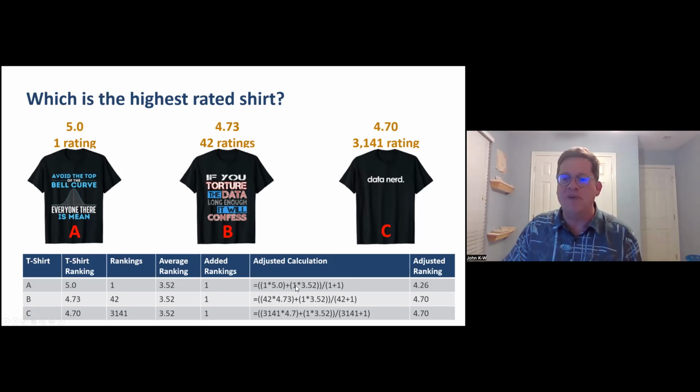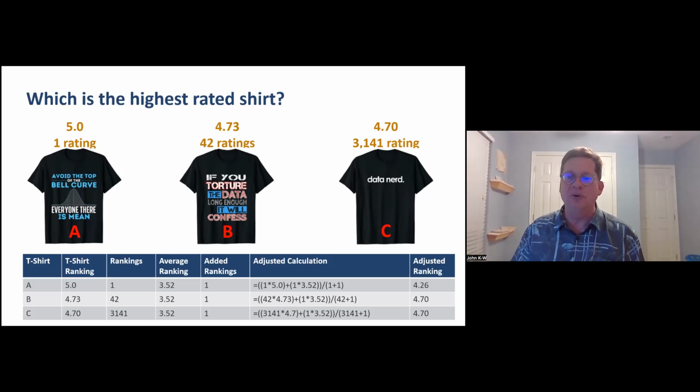So 1 times 5.0 plus 1 times 3.52, over the quantity ranked and the quantity of proxies, comes out to 4.26. Similarly, you're going to take the real ranking times 42 votes plus proxy ranking times the mean, and then divide that by 43, the real rankings plus the proxy vote, which comes out to 4.7. So it's a tie between B and C.